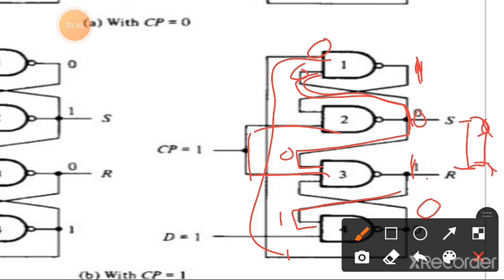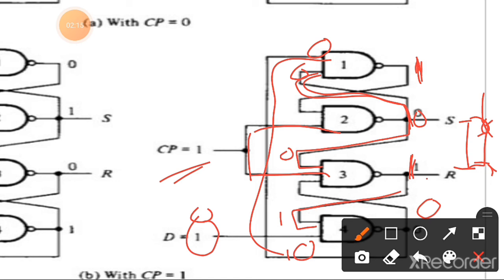If S is equal to 0 and R is equal to 1, then Q goes to 1. Then we change D to 0. If there is a change in D to 0, while CP is equal to 1, then what will be the output?